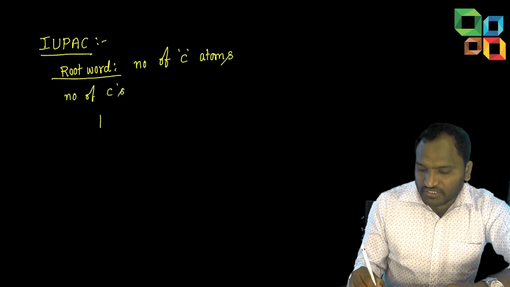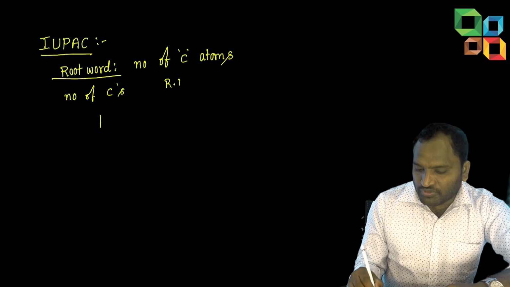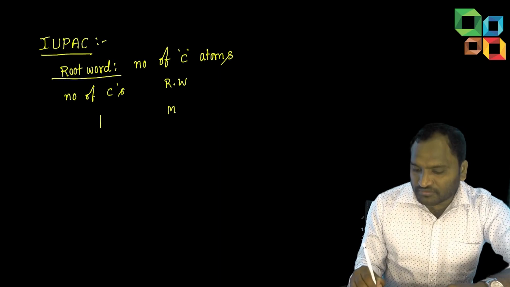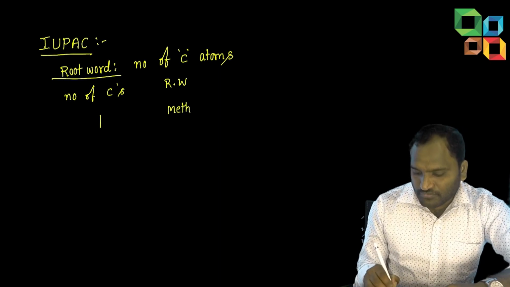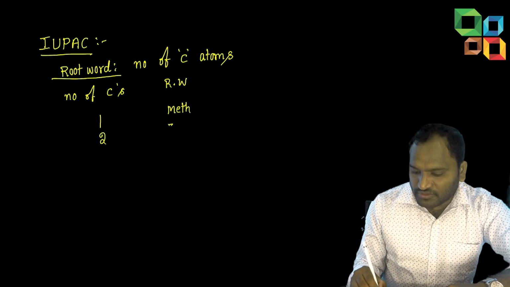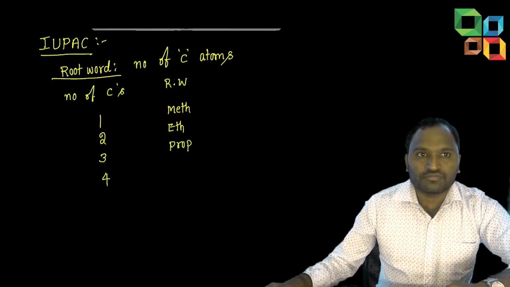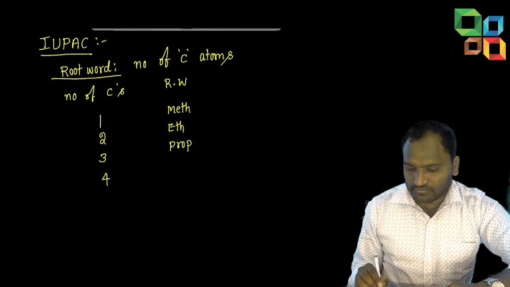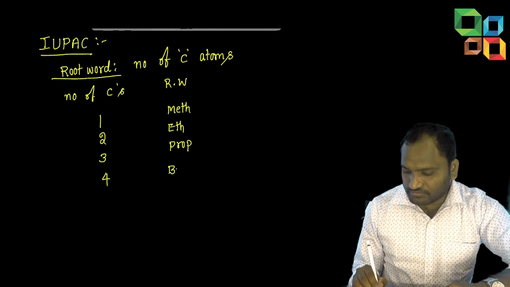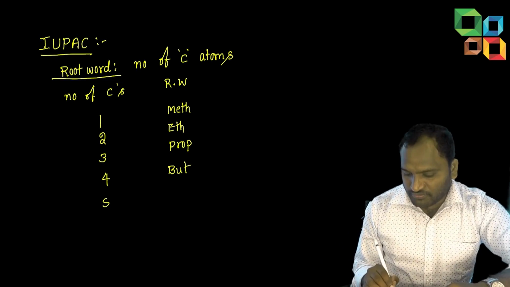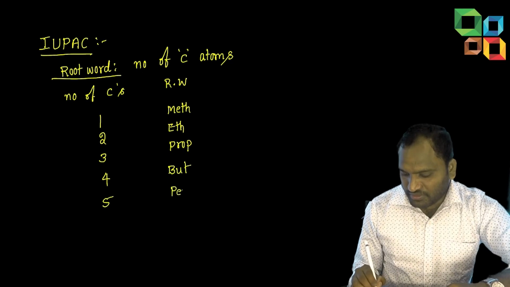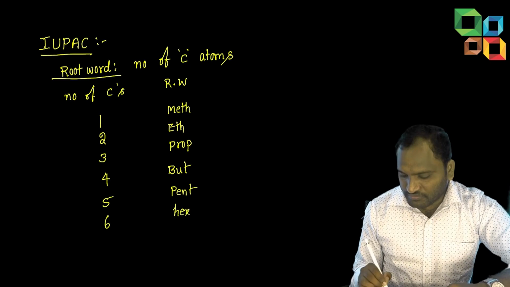If one is there, root word is Meth. I am keeping, students. Two carbon atoms are there, Eth. Three are there, Prop. Four are there, But. Five, Pent. Six, Hex.